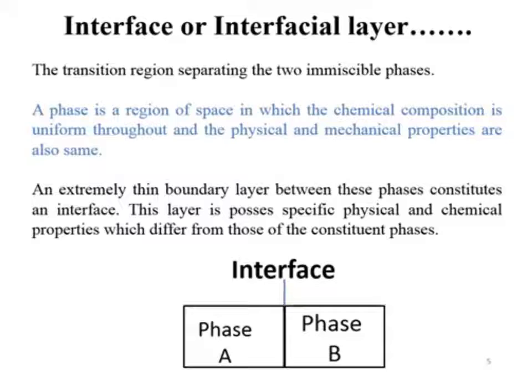When it has different physical and chemical properties, then we say that it differs from those of the constituent phases. These two constituent phases are different from the interface.